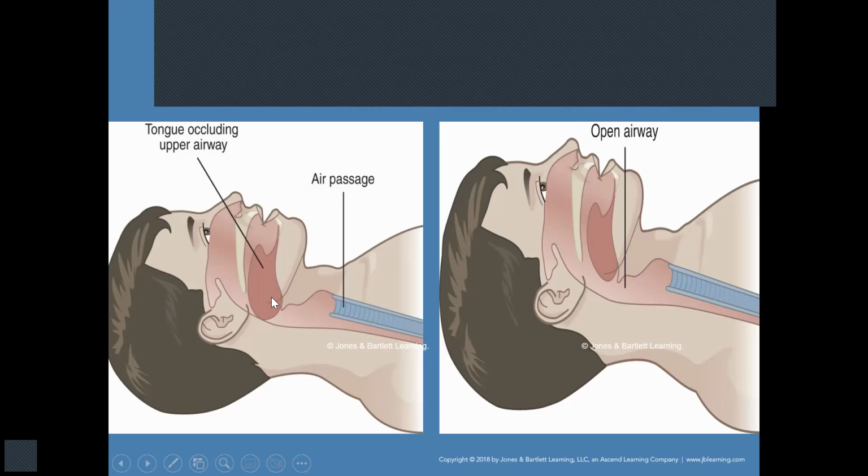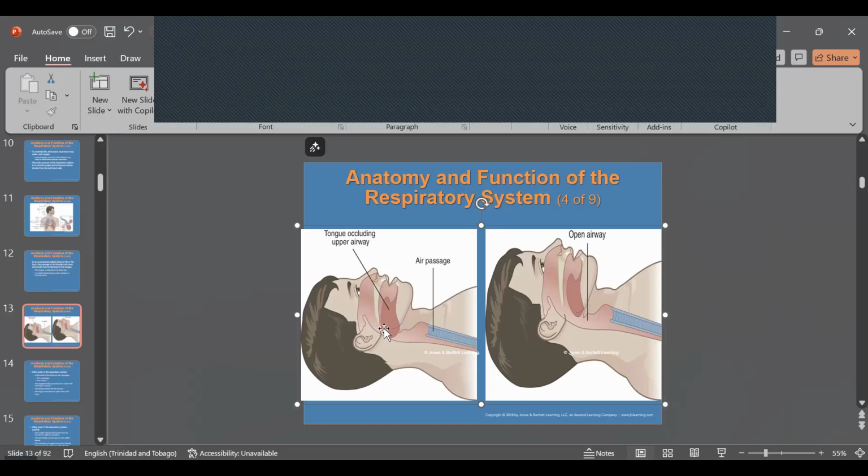On the left, it's an obstructed or blocked airway. And usually the tongue is the number one obstruction of the airway in an unconscious person. So that is why you want to check for breathing. If the person has a patent or clear airway and the person is breathing, great. When we turn the person on the side now in the recovery position, this tongue falls.